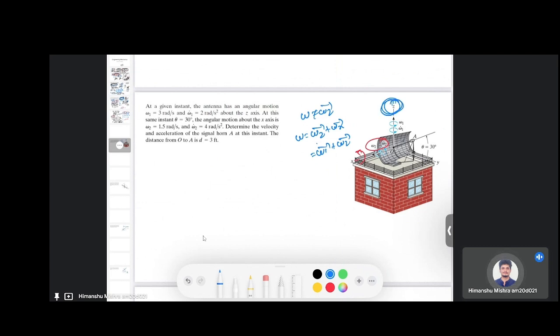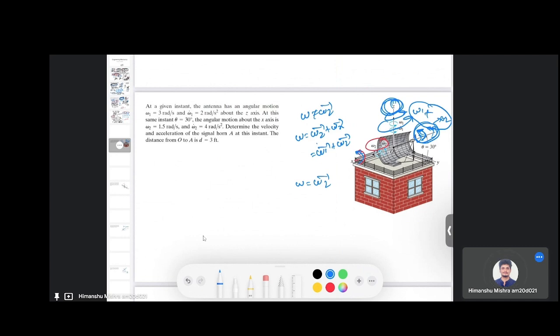If there is no angular velocity at the z-axis, then the resultant angular velocity is easy to visualize. It will be just omega 2. That is, this antenna is moving here like this along this x-axis. But since there is a motion along the z-axis as well, then it is not just this angular velocity, it is this, which is omega 2, plus this, which is omega 1.